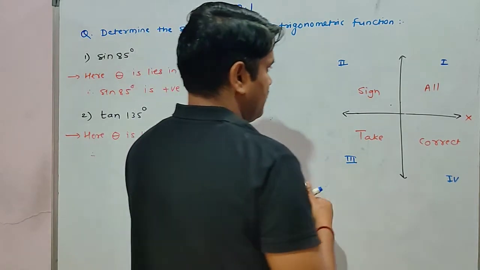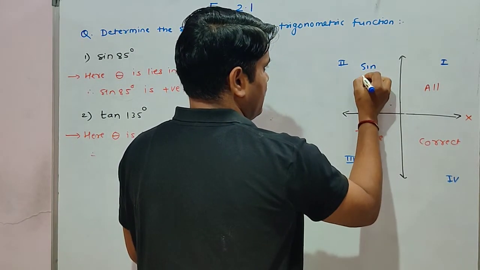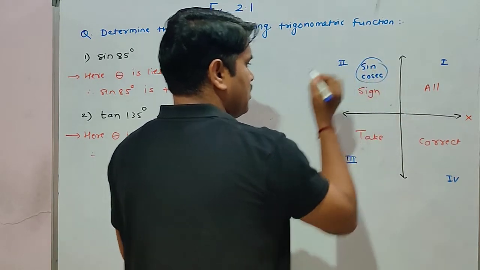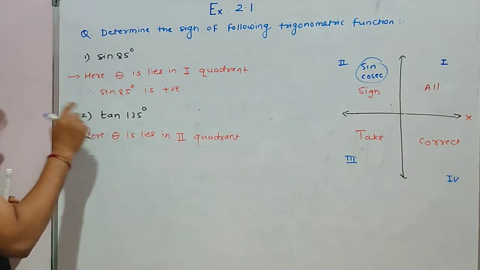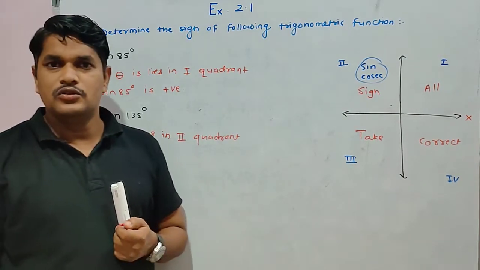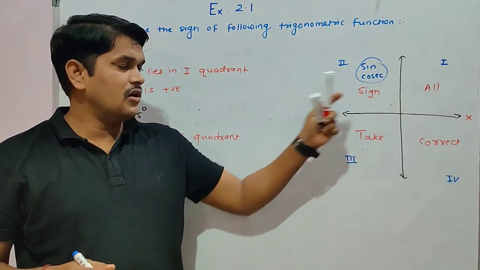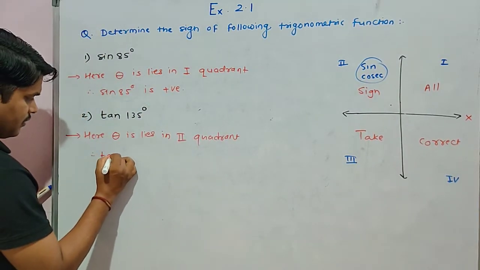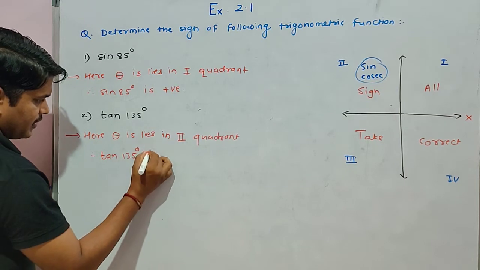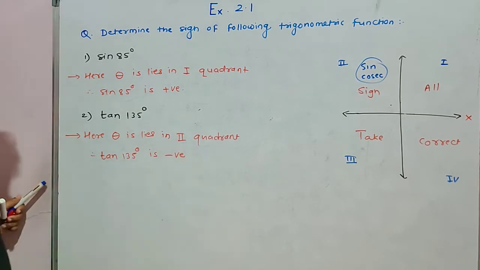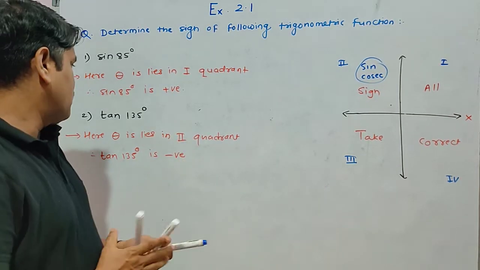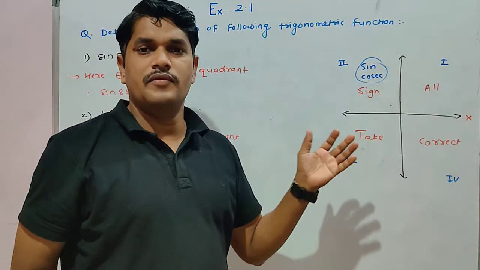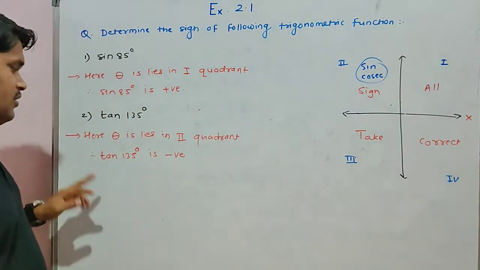Only sine and its reciprocal cosec. But here we have tan 135, so tan in the second quadrant is negative. Therefore tan 135 is negative. Its sign is negative.